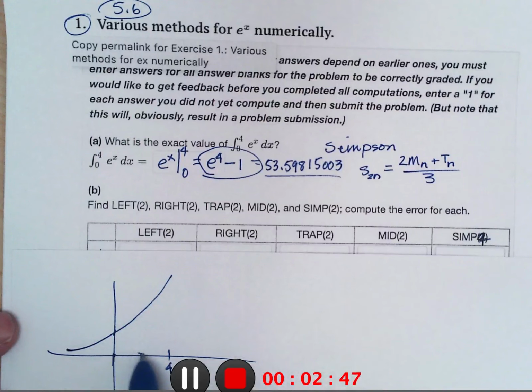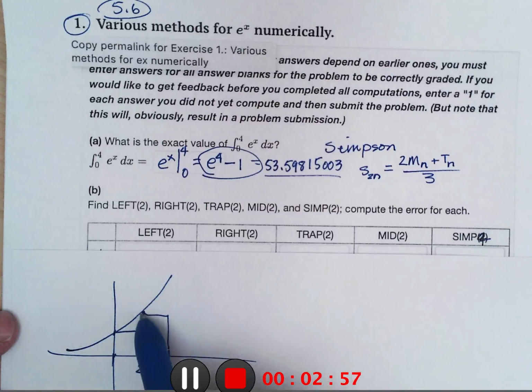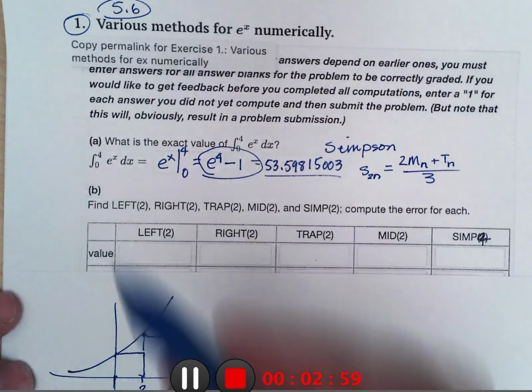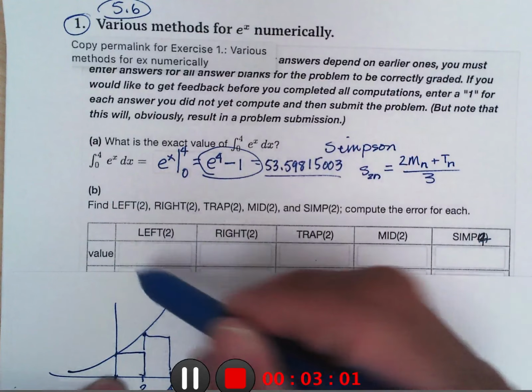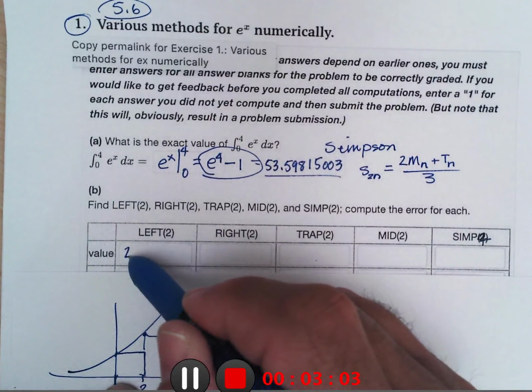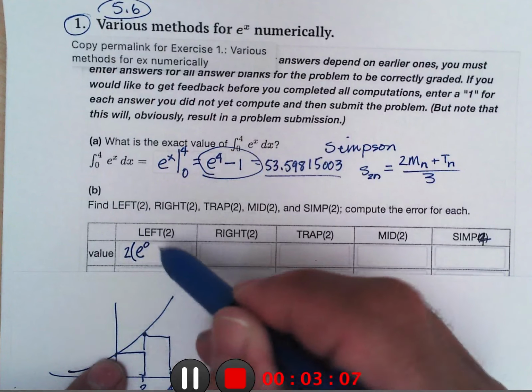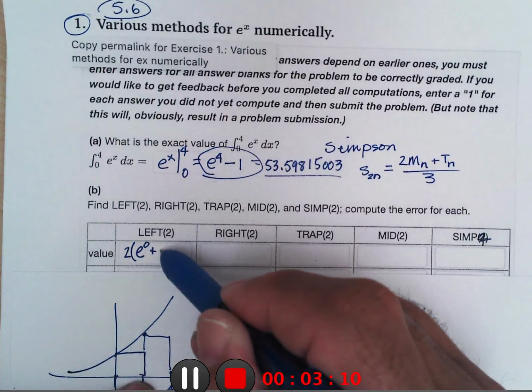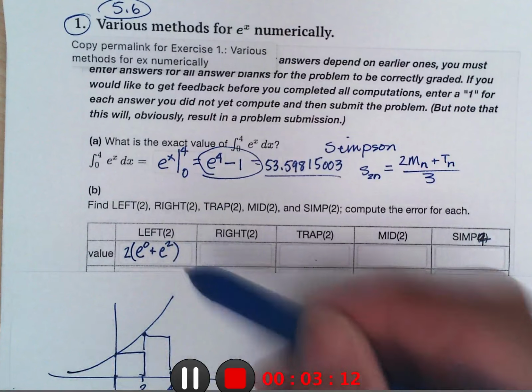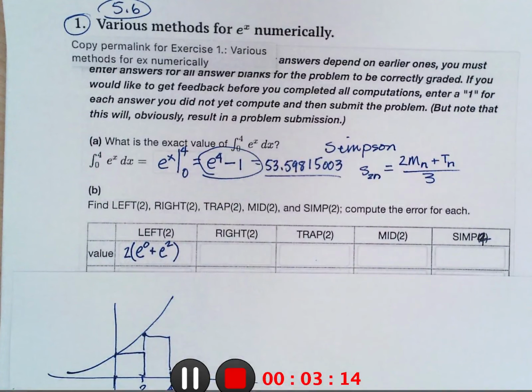So that's e to the 0 and e to the 2, the two heights. The width of each one is 2, so it's 2 times e to the 0, or 1, plus e to the 2. That's the exact value of left 2.